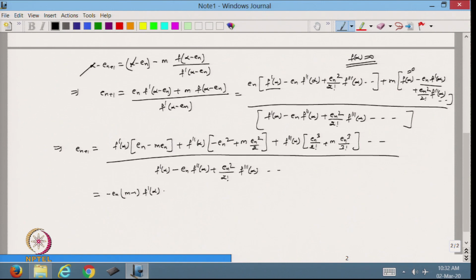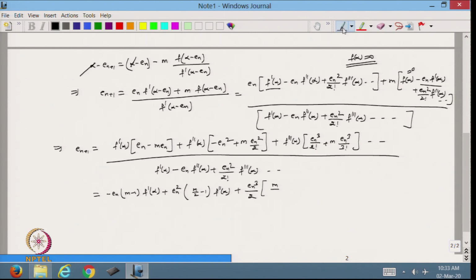Then from here I can take my E n square common. So, if I take E n square common, I will get m by 2 minus 1 f dash alpha, plus from here I can collect my terms E n cube. So, inside it will be m by 6, even I can take the 2 common.